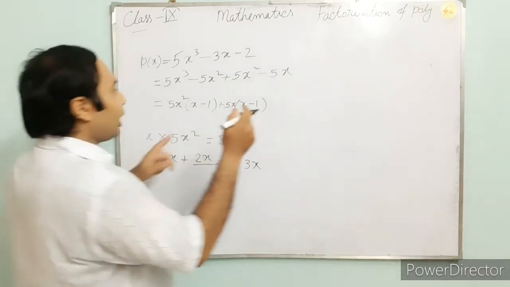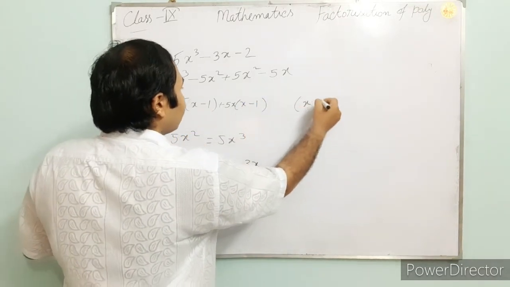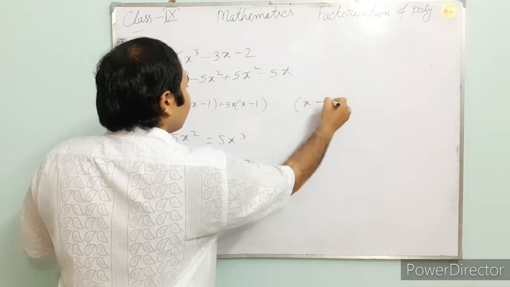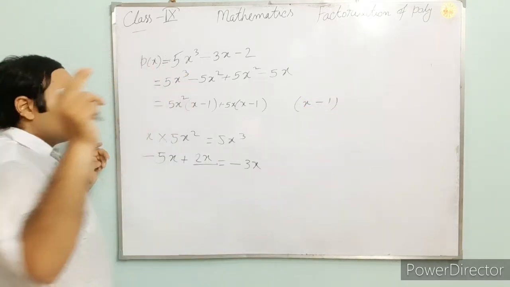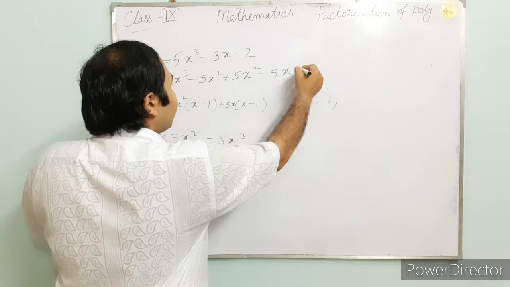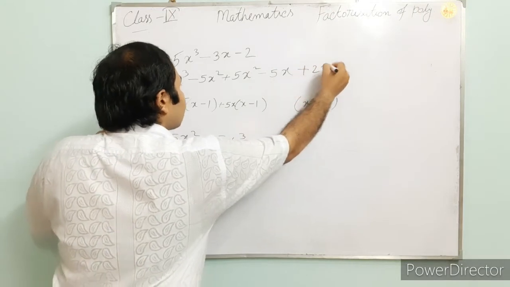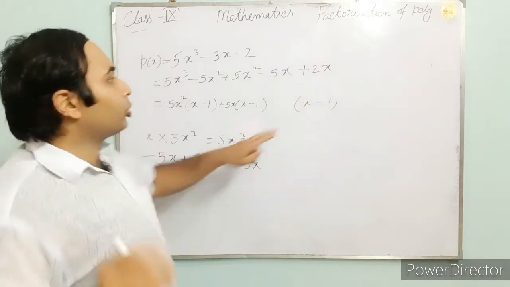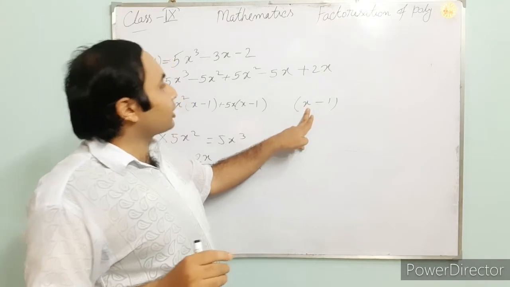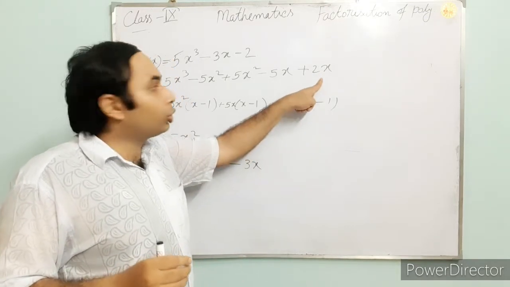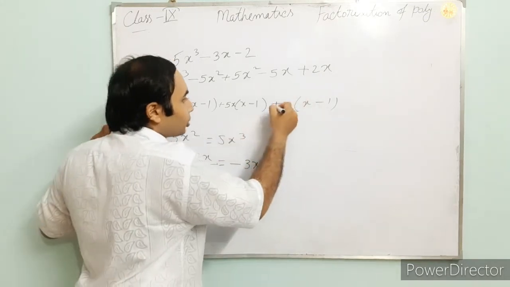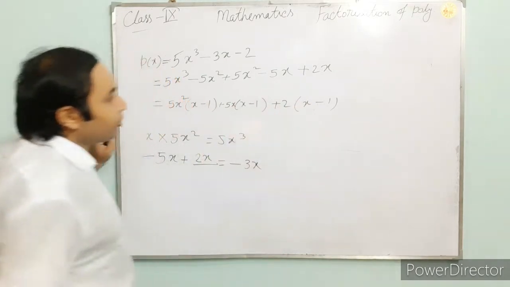So here we have to multiply. Actually we have to get here plus 2x. Okay, so we have to multiply this x with something to get 2x. So what will be? Plus 2 will be there. The signs are also very much important.